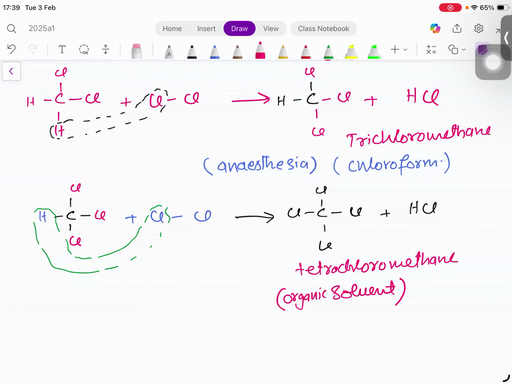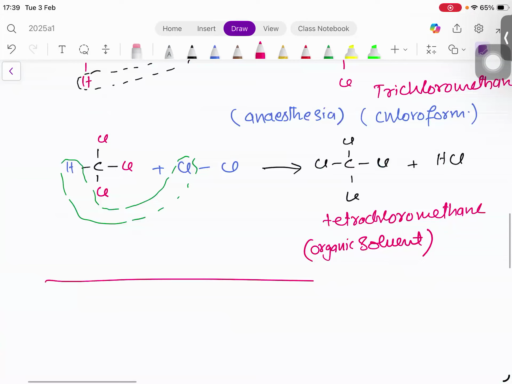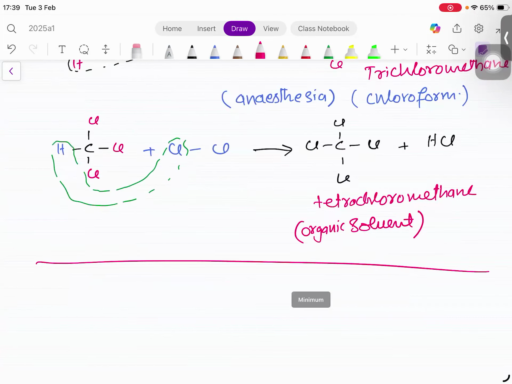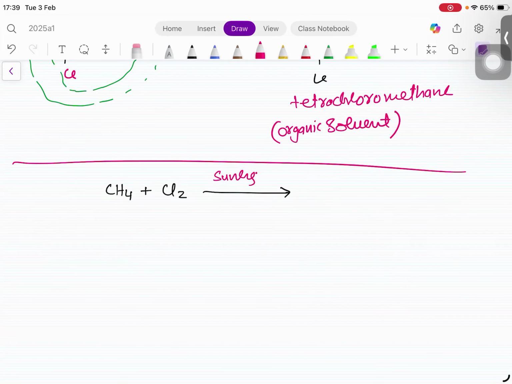So this is how we represent it in displayed form, but I would like you to understand also in the structural form, right? For example, look at this. If this is CH4, it reacts with Cl2 in the presence of sunlight. What will be the first product, bacho? CH3Cl plus HCl. Monochloromethane reacts again with Cl2.